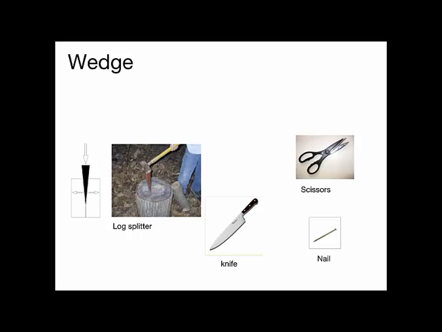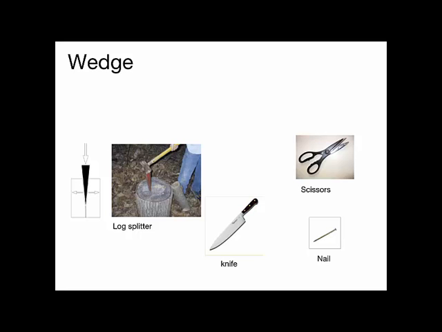A wedge is basically an inclined plane, a double-sided inclined plane. So what's another word we might use for a wedge? Like a more common term. If you look at all these things, what would you call them? Blade.